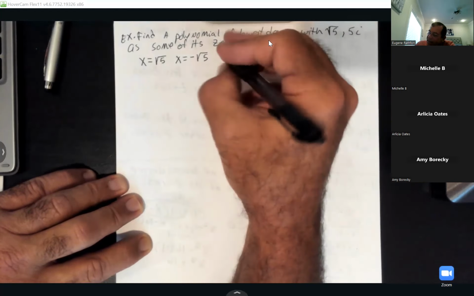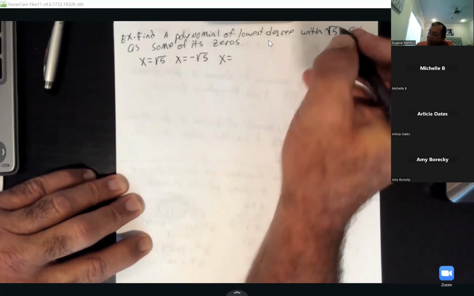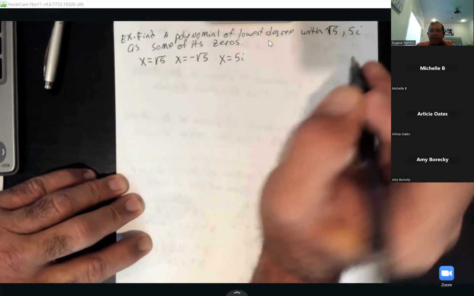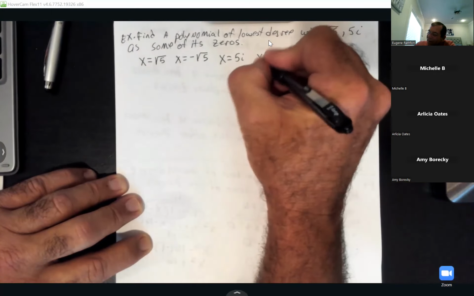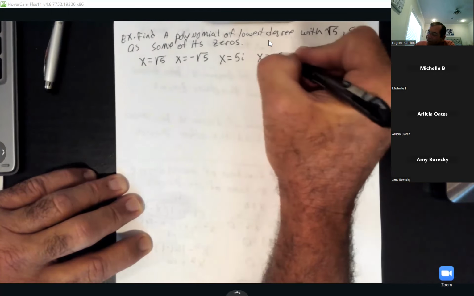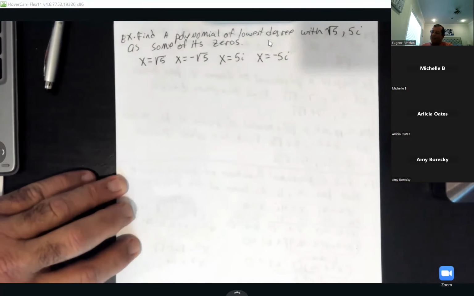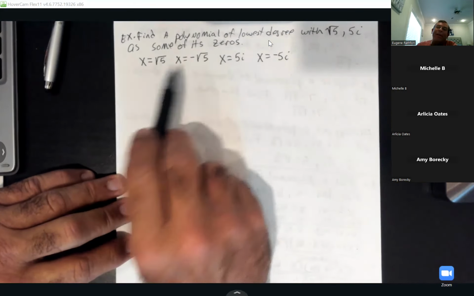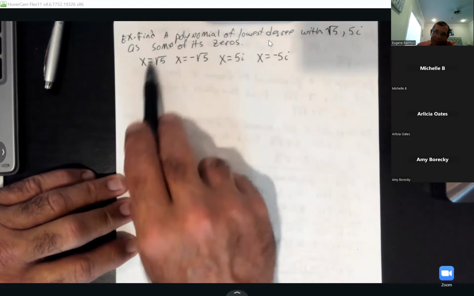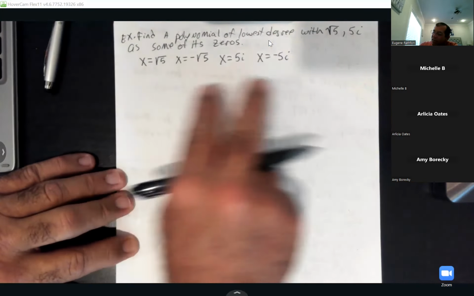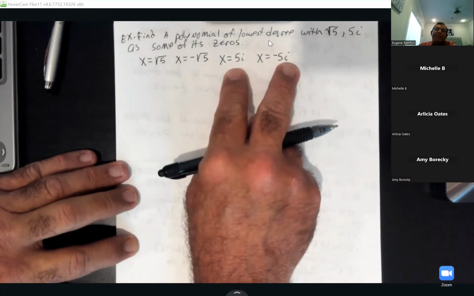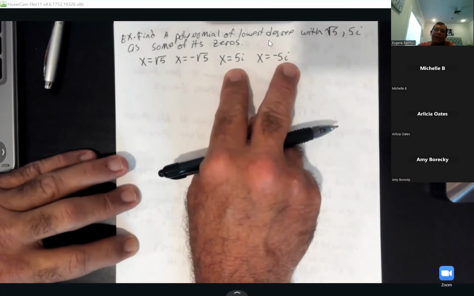And then if I got this x equals 5i, then I also need a negative 5i. So this time they only gave me 2, but in fact, I've got 4 of these, okay? So I always put this radical stuff together and I always put these imaginary ones together.